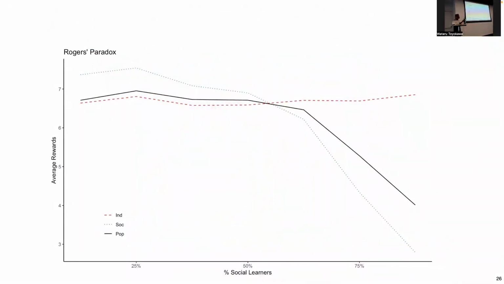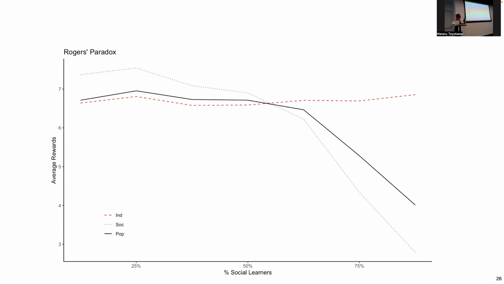So this is actually a simulated result. By changing this percentage of social learners in the population, the performance of social learners is initially very good. When there are few social learners, they perform very well. That means you can enjoy the reinforcement learners' effort, just copy the popular option, and most likely enjoy the most profitable option.